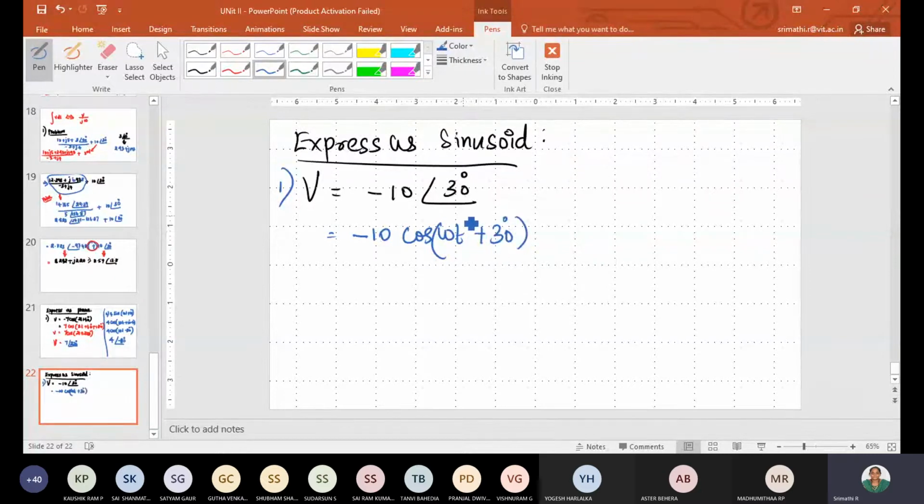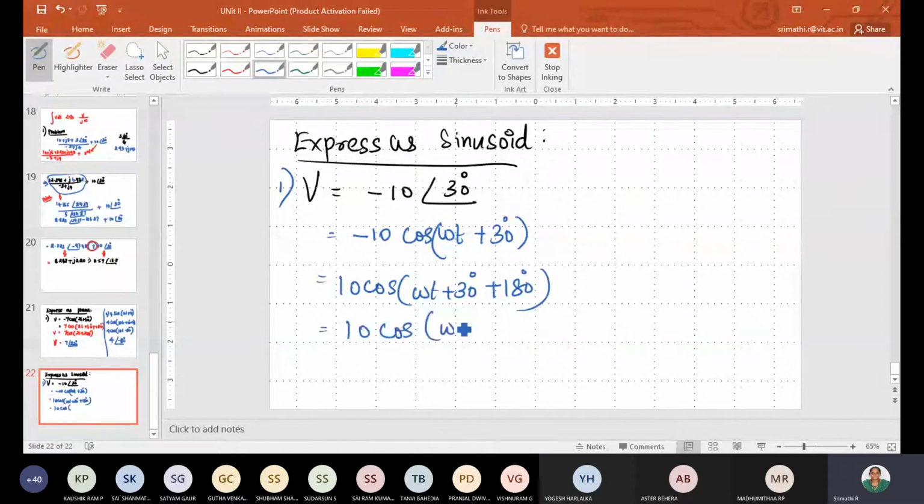Later bring the minus sign inside. 10 cos(omega t plus 30 plus 180 degree). So this will be equal to 10 cos(omega t plus 210). Okay, this is the first problem.